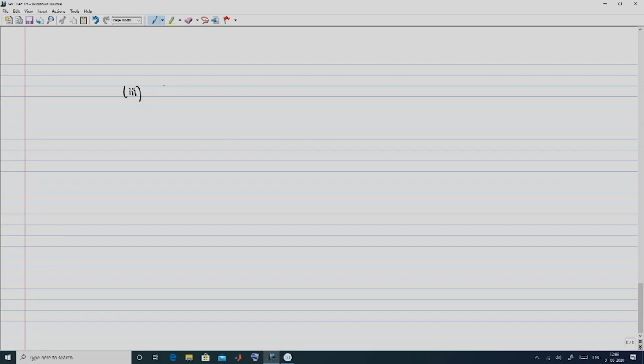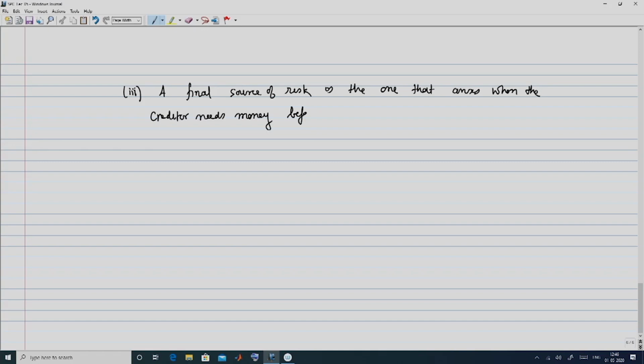So, next we come to the last of the risks. A final source of risk is the one that arises when the creditor needs money before maturity and tries to sell the bond.